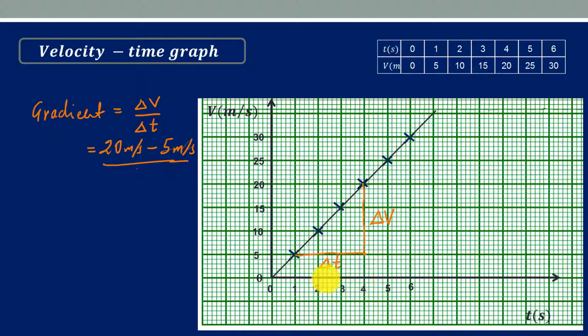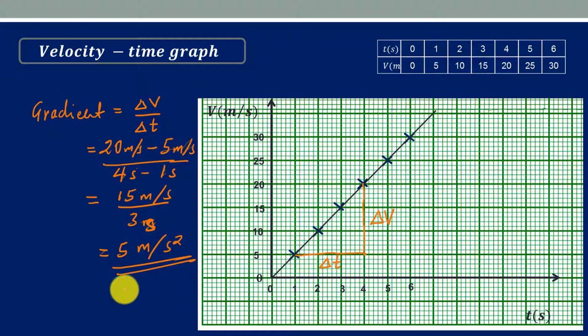So I'll do 4 minus 1 in order to get this change. 4 seconds minus 1 second. And you can see this will give me 15 meters per second divided by 3 seconds, and I'm going to get 5 meters per second squared.